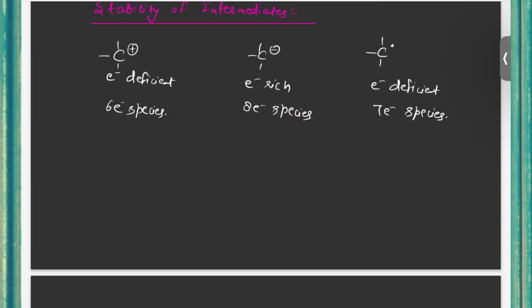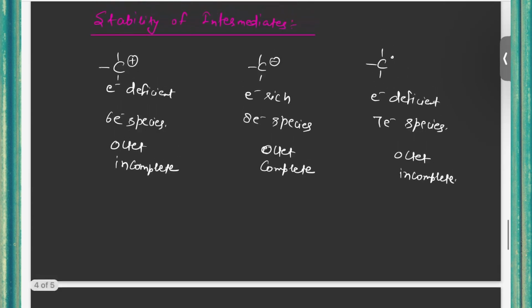In this way we can tell that in the case of carbocation, octet is incomplete. In the case of carbanion, octet is complete. In the case of carbon radical, octet is again incomplete.